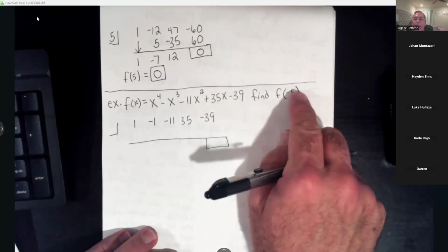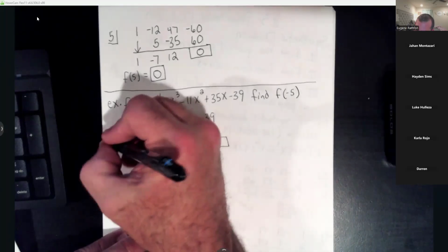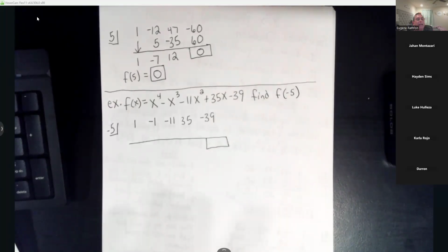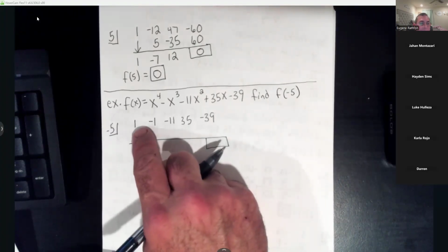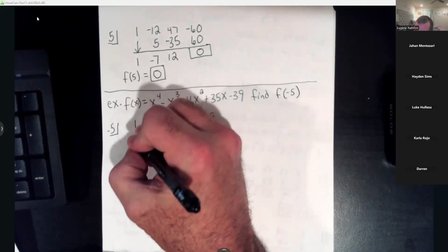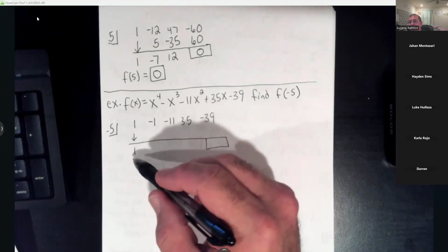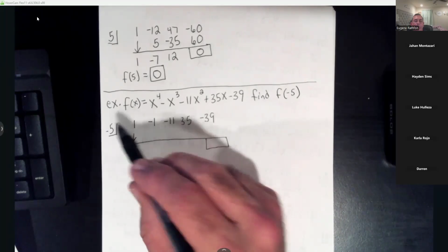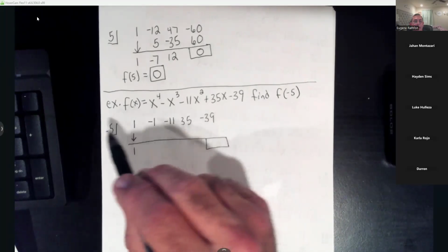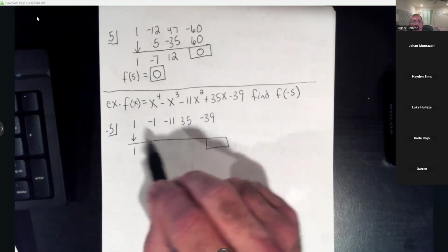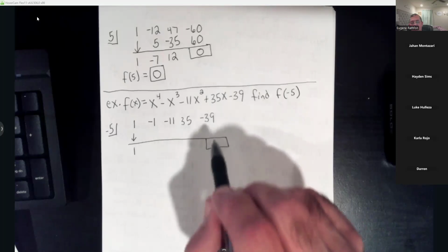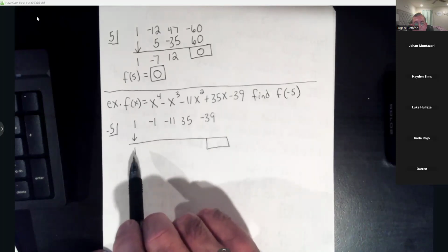Our C will be negative 5, since that's the number we are evaluating. All right, here we go. Bring that first number down. You're seeing this is the same pattern every time: you always bring the first number down, then multiply, bring the number over, add, multiply, bring that number over and add, and finish this out. So let's see what we got.